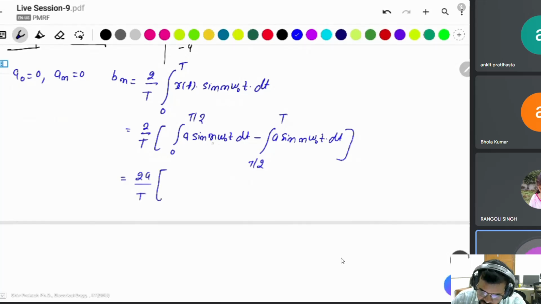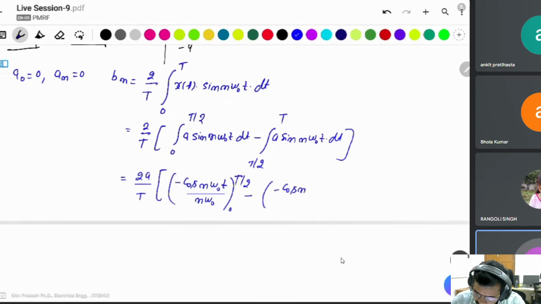If you integrate this, it will be minus cos n omega naught t divided by n omega naught, from 0 to T by 2, minus the same thing, minus cos n omega naught t divided by n omega naught from T by 2 to T.